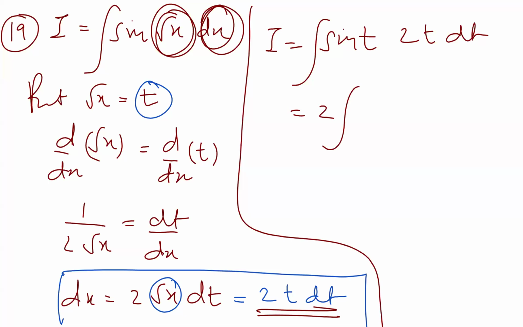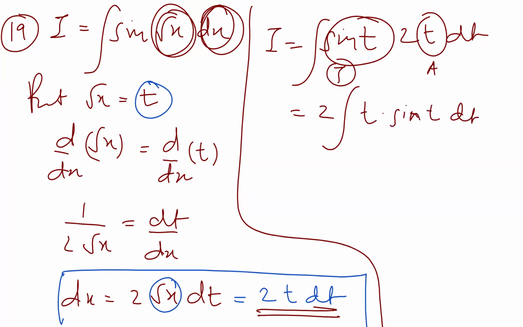2 outside, algebraic, trigonometric, write algebraic term first. As per the LIAT rule, algebraic comes first. Now you do u into v. Okay, so 2 u integration of v dt.